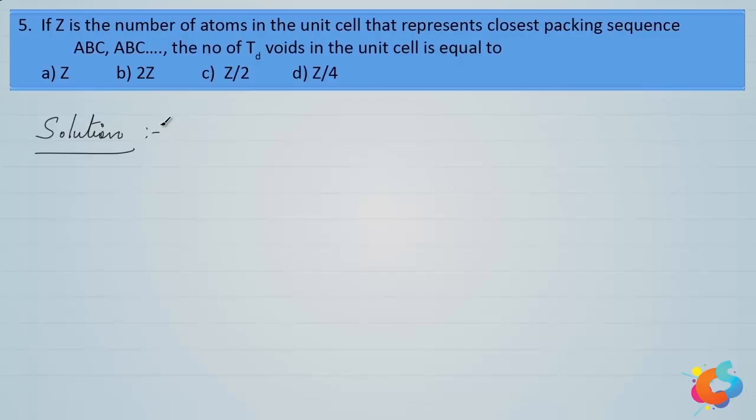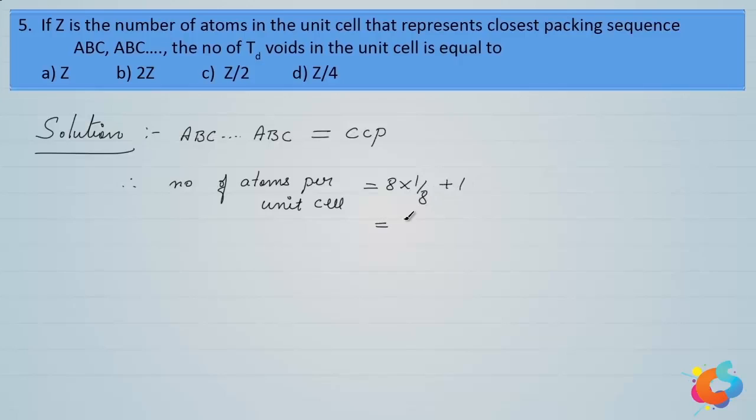ABC arrangement of layers is found in CCP system, that is cubic close packing system. In this, atoms are at the corner as well as at the center of the faces of the unit cell. Therefore, number of atoms per unit cell is 8 into 1 by 8 plus 6 into 1 by 2, which is equal to 4.